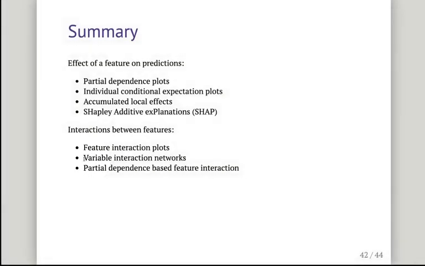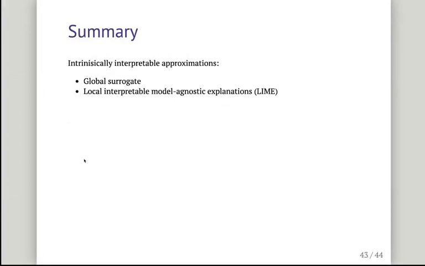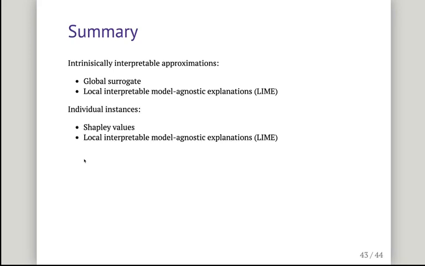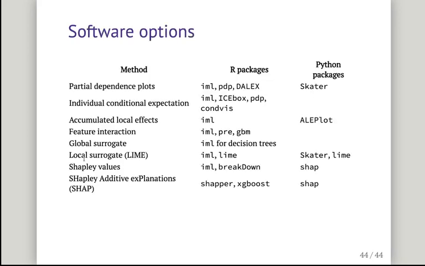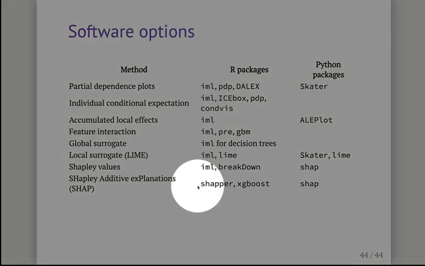You can look at partial dependence here as well. If you want models that are approximations, you can use a global surrogate or a LIME technique. If you want to look at individual instances, how those are affected, you can use Shapley values or LIME. This last slide here, I've provided a set of software options that you can use in both R and Python.